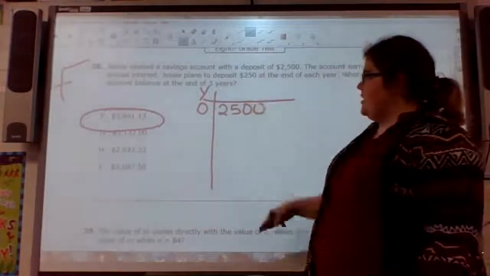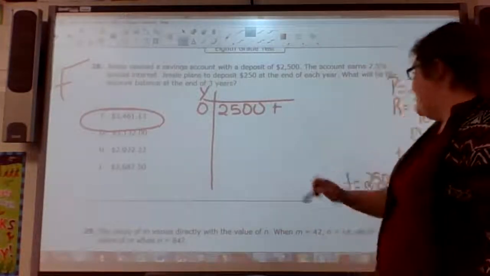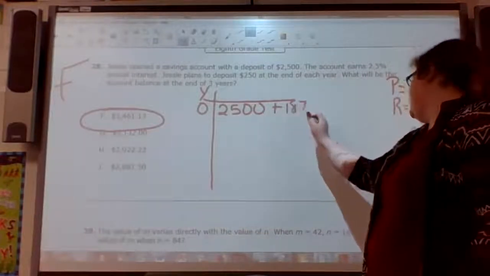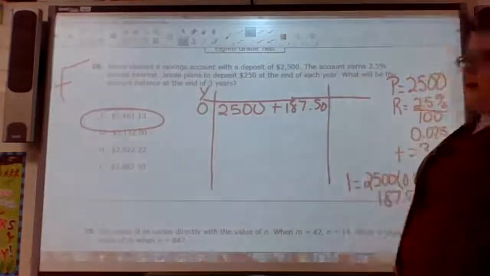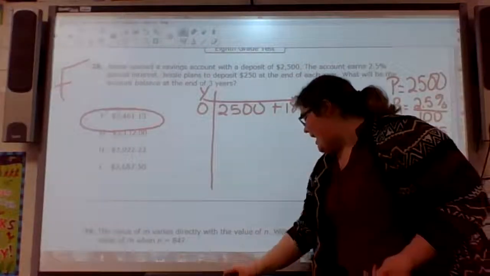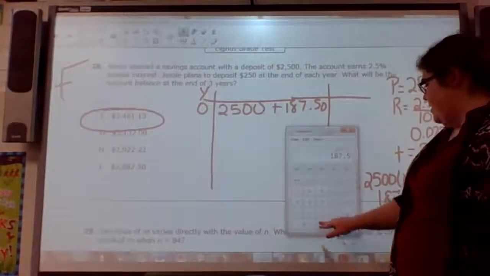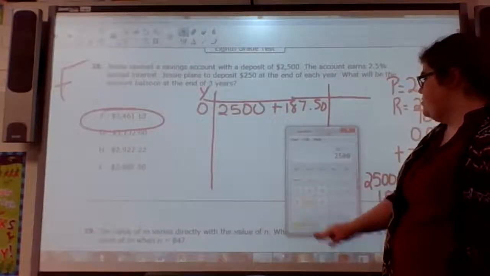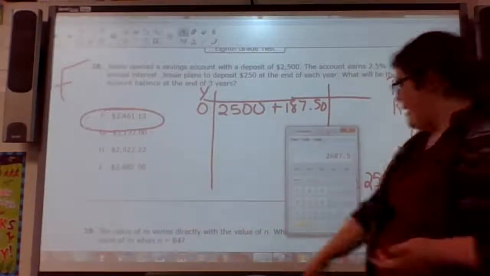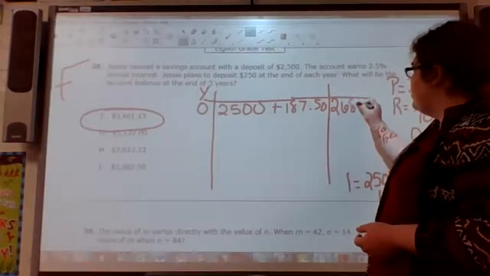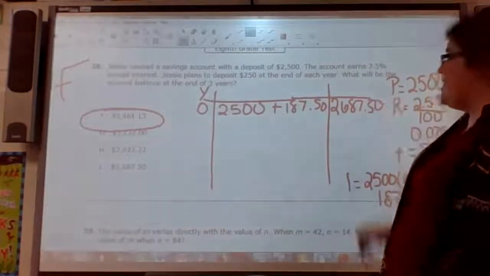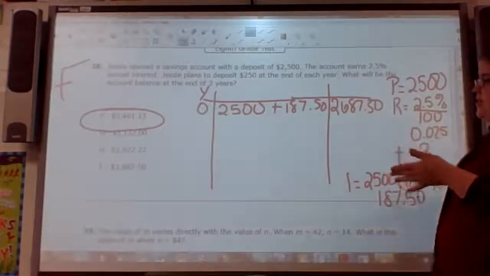So he earned interest. So I'm going to be adding 187.50. I know that after I add it, plus 2,500, I now have $2,687.50 at the end of the first year.